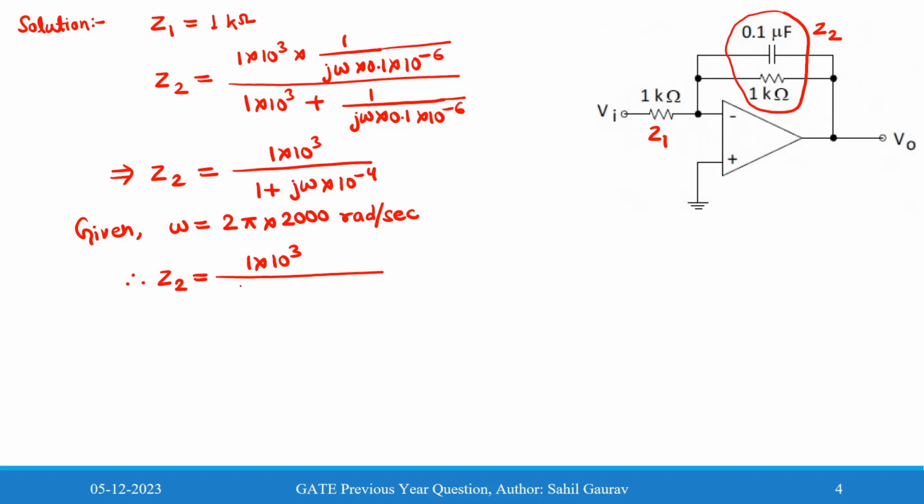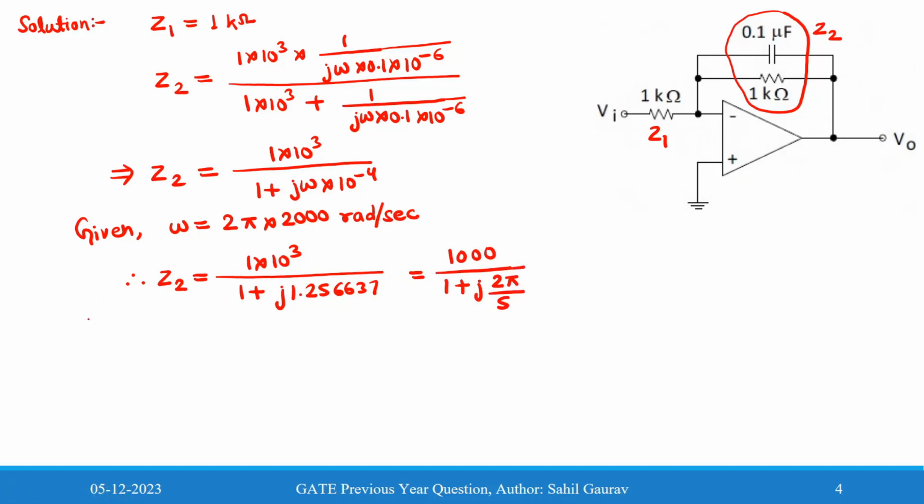So if you put omega equal to this, you will get 1 plus j into 1.256637. Or you can write it as 1000 divided by 1 plus j 2π divided by 5.